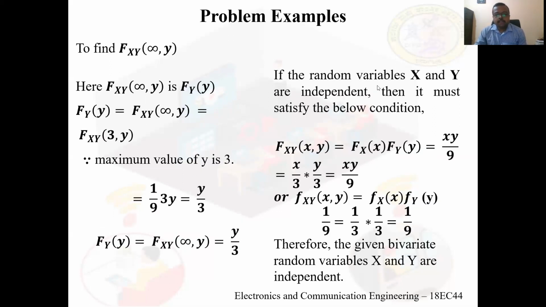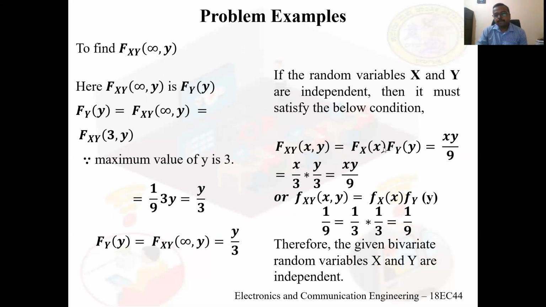Next, lastly, we need to find whether these two random variables x and y are independent. If these two random variables are independent, what is the formula we have? Fxy of x comma y is equal to Fx of x multiplied by Fy of y. Now this can be written as xy divided by 9. Here we know that this is xy by 9.